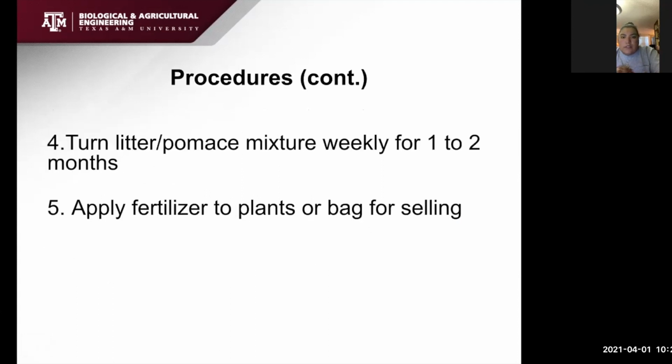After that, the litter and pomace mixture needs to be turned weekly for 1 or 2 months. Once that process is complete, then you can apply the fertilizer to the plants that you're wanting to fertilize, or bag and sell.